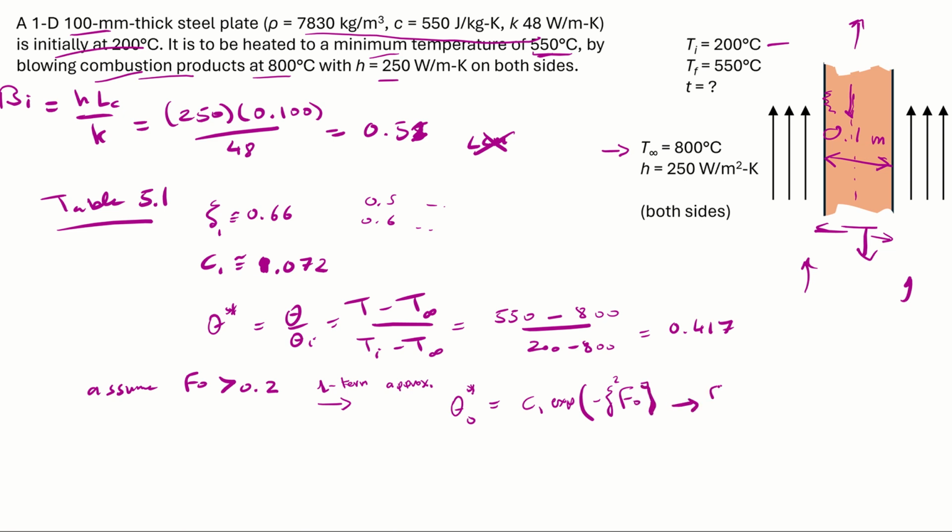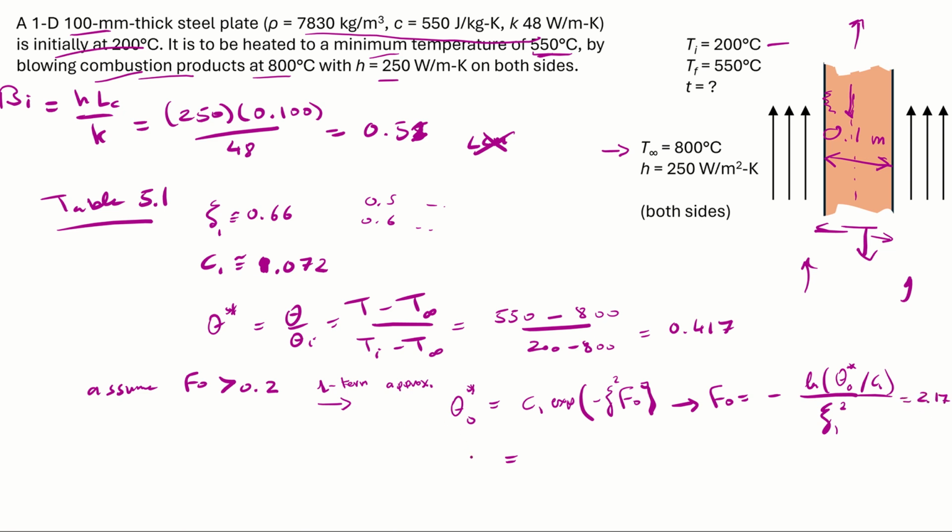From that, I'll know that the Fourier number is minus one over zeta 1 squared times the natural log of theta naught star divided by C1. If you multiply out all of these and take the natural log, this would give 2.17.